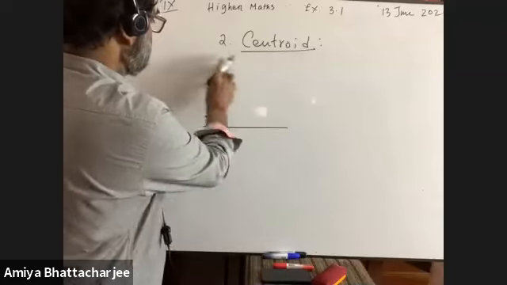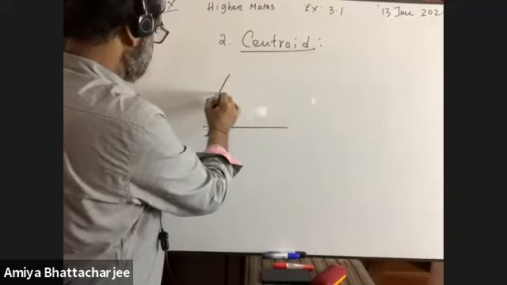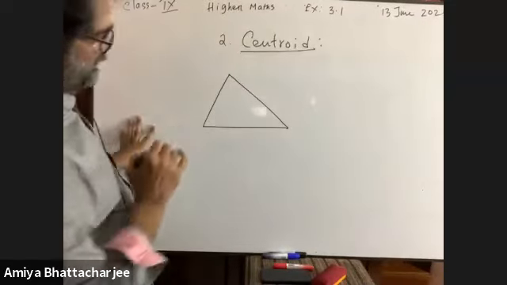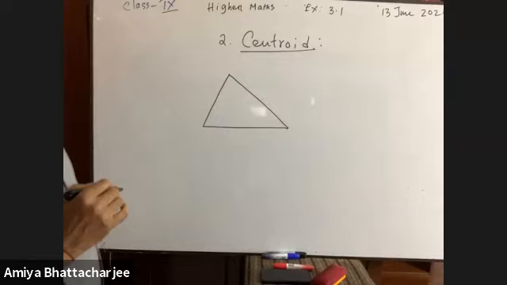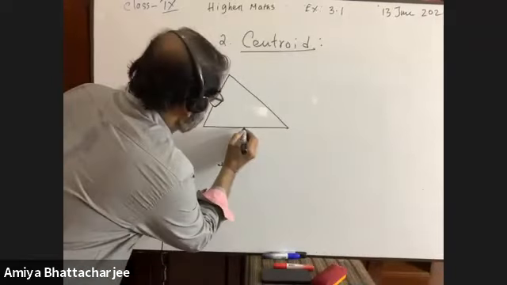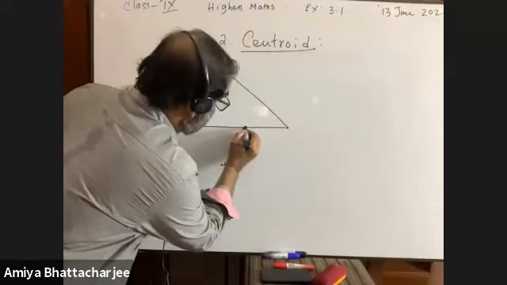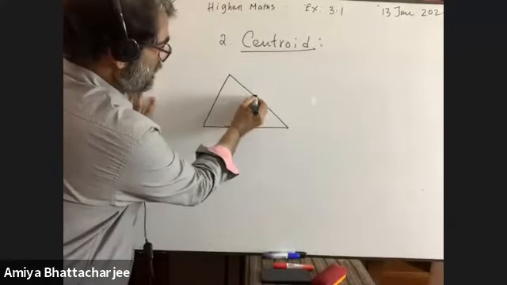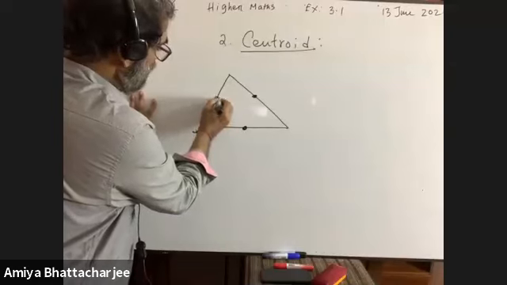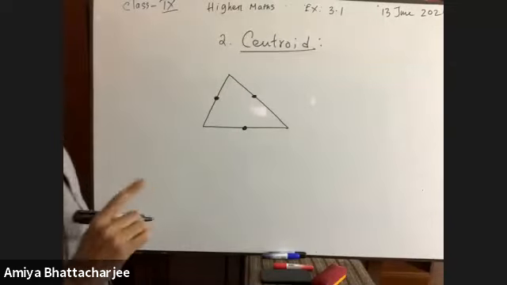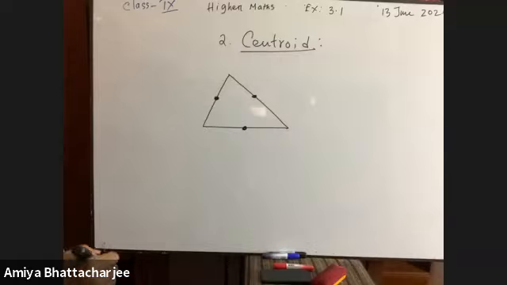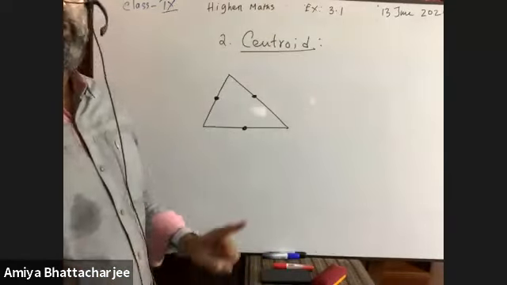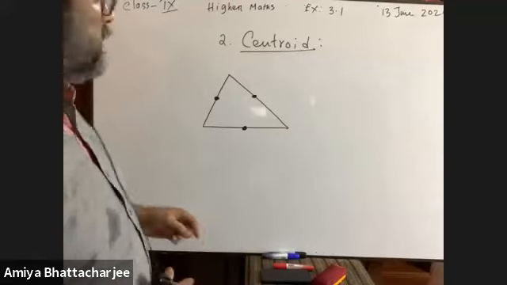You see, suppose I have drawn another triangle. Now, this is the midpoint, not the foot. There is a difference between foot and midpoint. For a foot, it must be perpendicular, but for a midpoint, it is not necessary that it be perpendicular.